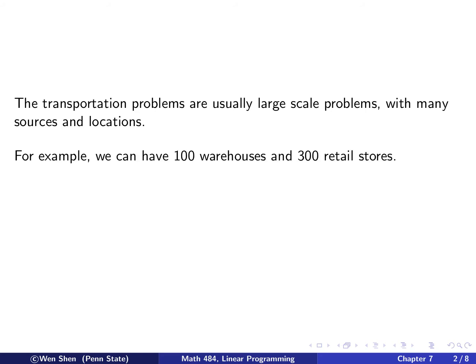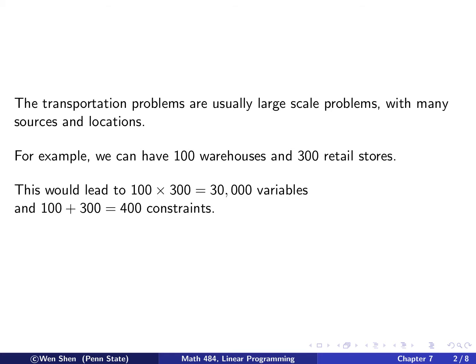For example, we could have 100 warehouses and we need to ship the goods to 300 retail stores. As you will soon learn, with these numbers, the total number of variables would be the product of these two, 100 times 300, that's 30,000.